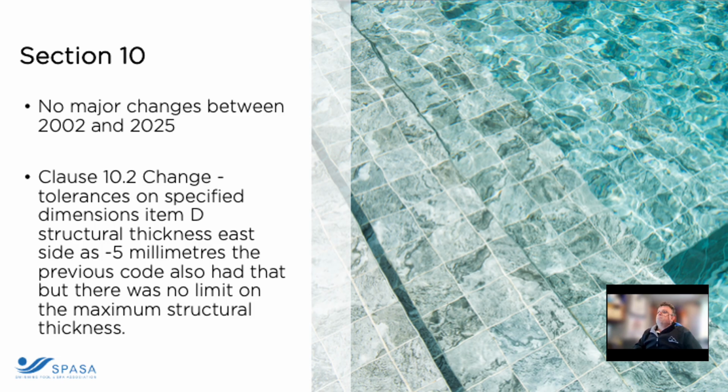Section 10, no major changes between the two codes. Clause 10.2 changed the tolerances on specific dimensions, item D, structural thickness, which is outside, that should read outside, as -5 millimeters. The previous code also had that, but there was no limit to the maximum structural thickness. So essentially, the tolerance is still -5 plus whatever it is.